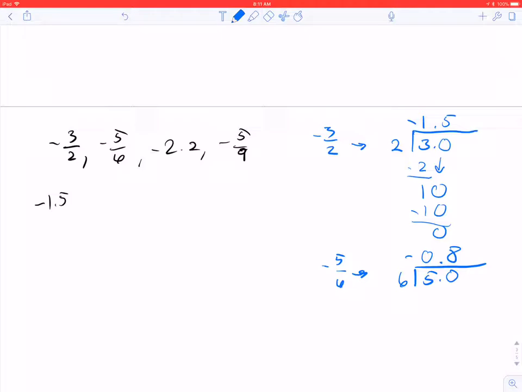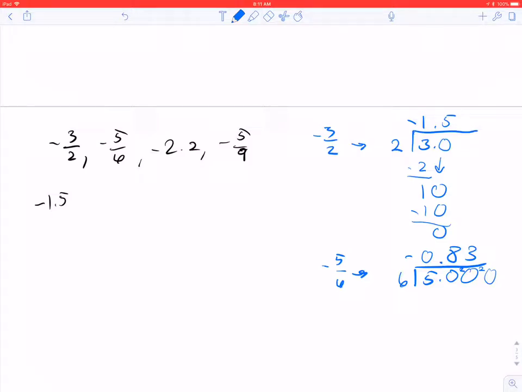Now I'm going to do a shorthand. You can write it out like you have the 3 halves, I'm just going to do a shorter hand. So there, I know that 8 times 6 is 48, and 50 minus 48 has a remainder of 2. So I put my remainder there, and then I'm going to add a 0. How many 6's are in 20? There are 3. 6 times 3 is 18. My remainder is 2. So if you keep adding zeros, it's still going to be 3 each time.